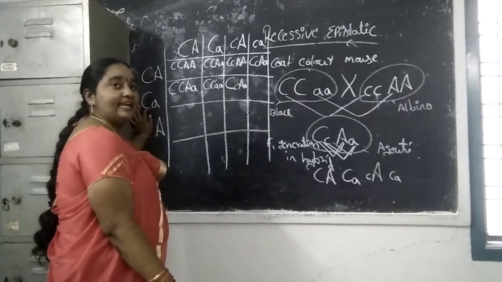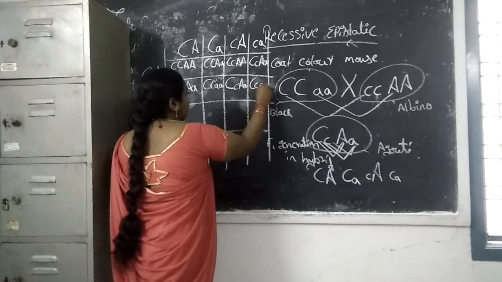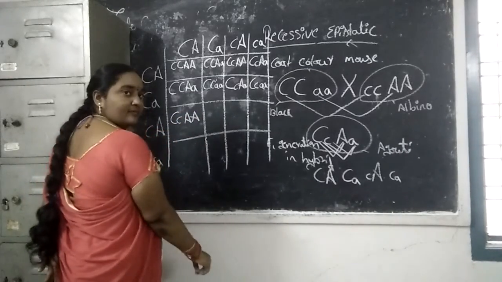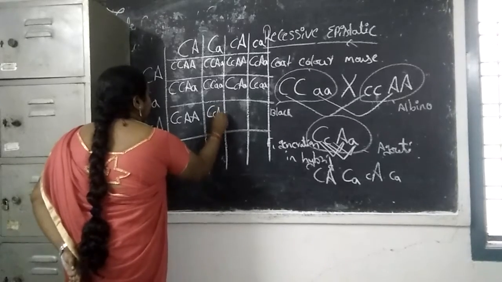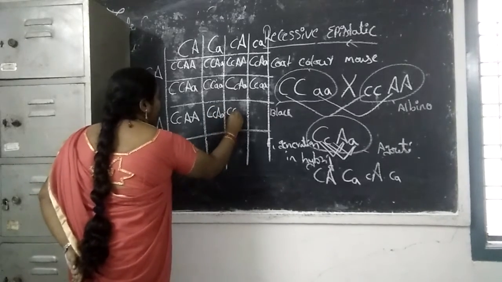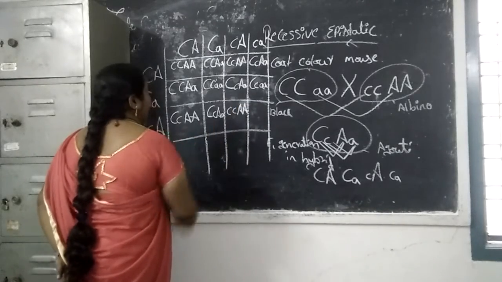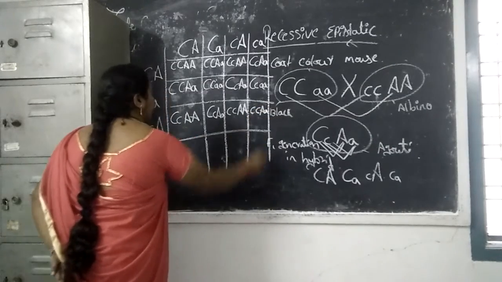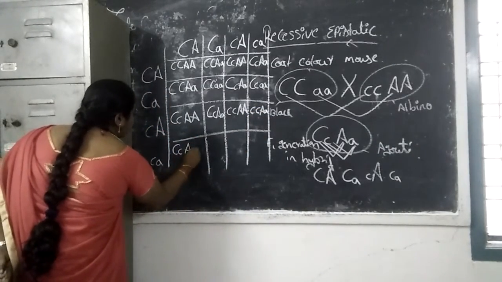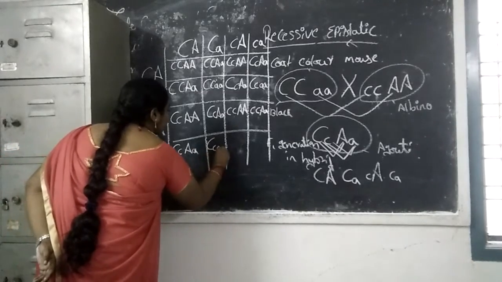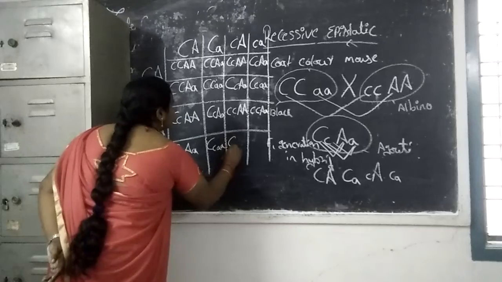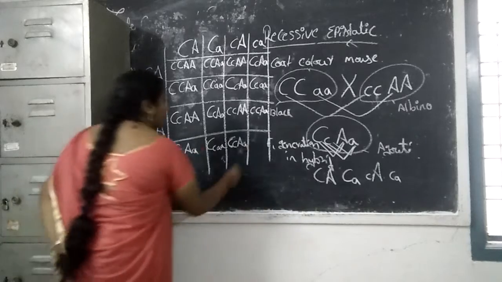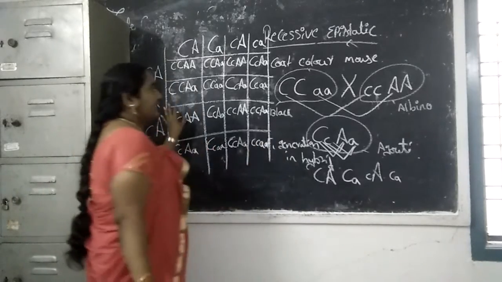One is the recessive character, another is the dominant character. Next, capital C, small c, capital A, capital A; capital C, small c, capital A, small a; small c, capital A, capital A; small c, capital A, small a; capital C, capital A, small a; capital C, small a, small a; small c, capital A, small a; small c, small a. This is the arrangement of the checkerboard.